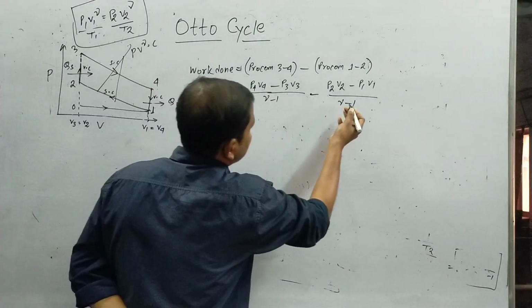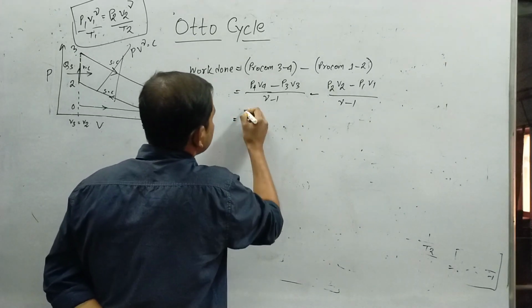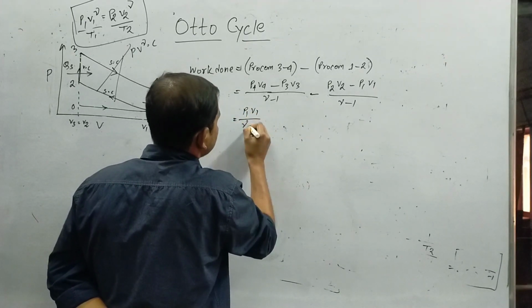Let us take common P1 V1 by gamma minus 1.